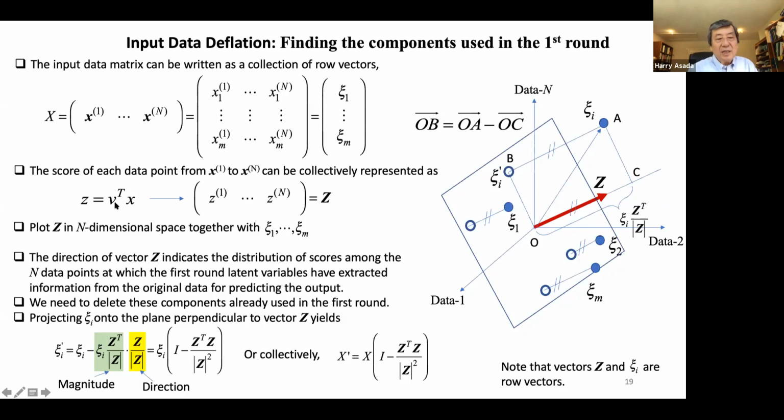You get the z for this sample, the first data point, and the second, and then capital N. We have capital N components in here. Let's define this to be a capital N dimensional vector z, okay, z. And this is the one that we have already used for the first round of prediction.